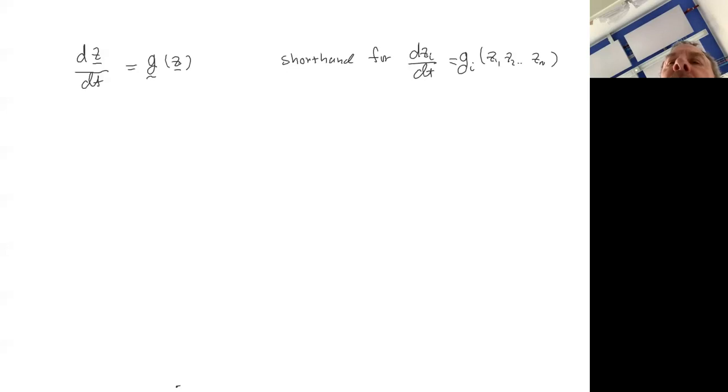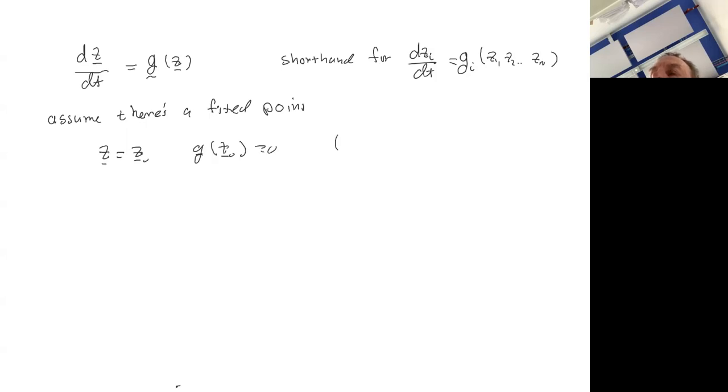And we assume there's a fixed point, which is at z equals z naught. So g of z naught equals 0, which is shorthand for g_i of z_0,1, z_0,2, up to z_0,n equals 0 for all i.